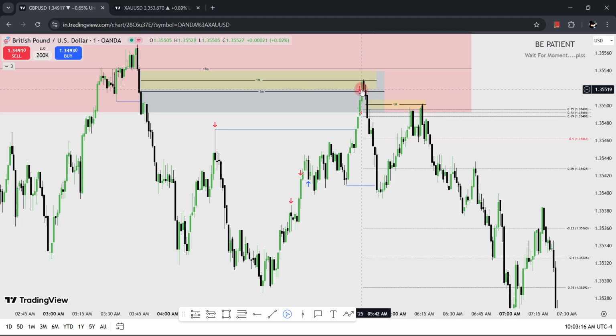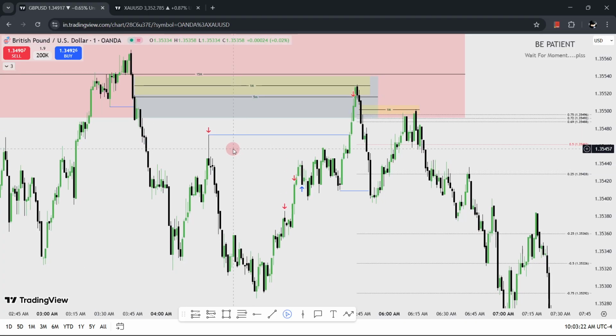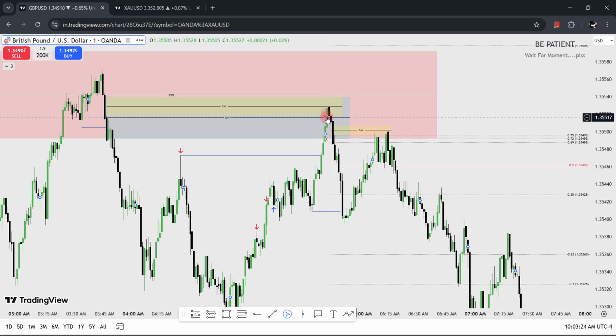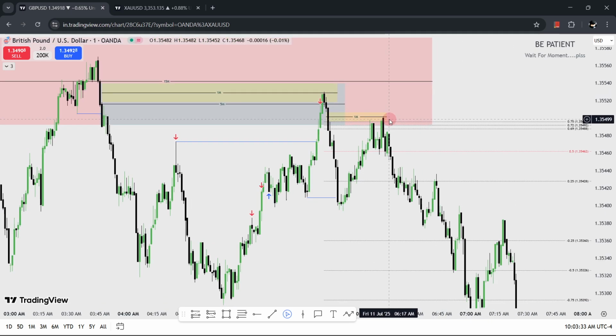So first entry from that 5 minute somewhere here. Second entry from this 5 minute fair value gap, stops around here. Every stop was around here. And I basically didn't see this. I was just sleeping, or I could have taken this unreal.